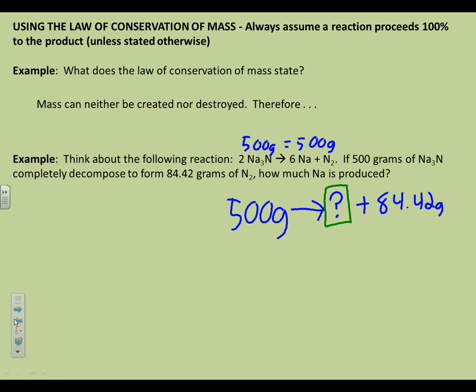So we can just subtract the mass of our product, 84.42 grams, from the mass of our reactants, 500 grams. And that's all we have to do? That's it. That seems pretty simple. I plug it into my handy dandy calculator.